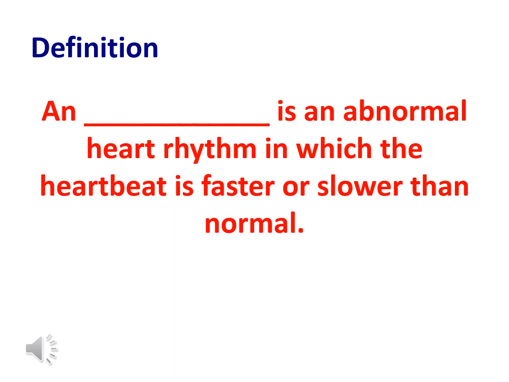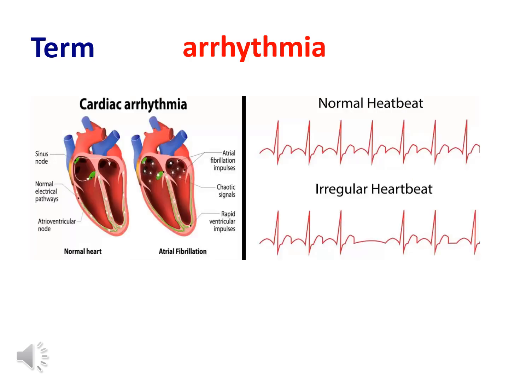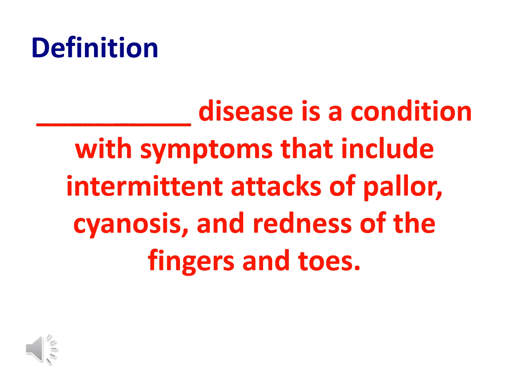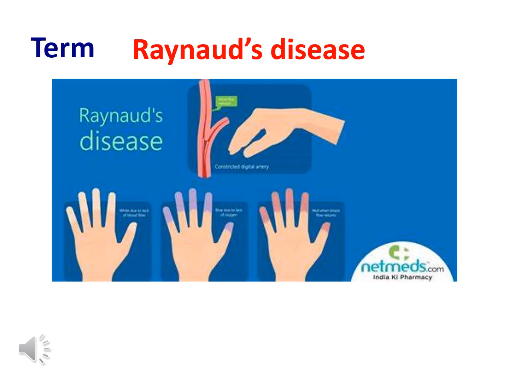What is the term for an abnormal heart rhythm in which the heartbeat is faster or slower than normal? The term is arrhythmia. A disease that is a condition with symptoms that include intermittent attacks of pallor, cyanosis, and redness of the fingers and toes is called? It's called Raynaud's disease.